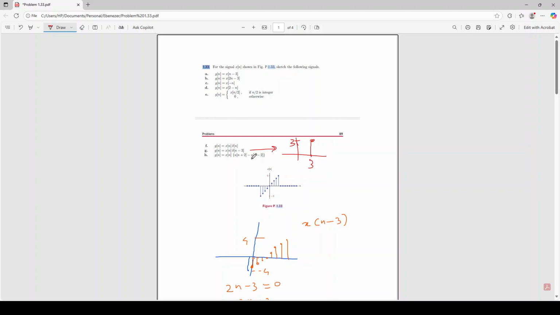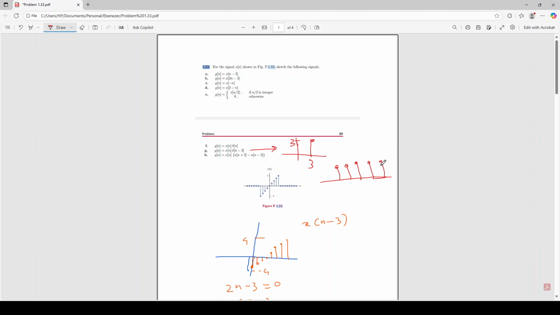Next, x[n] times u[n + 2] - u[n - 2]. u[n + 2] starts from -2. u[n - 2] starts from 2. If you subtract both, u[n + 2] starts from -2, you have -1, 0, 1, 2, and u[n - 2] starts from 2 and goes to infinity.